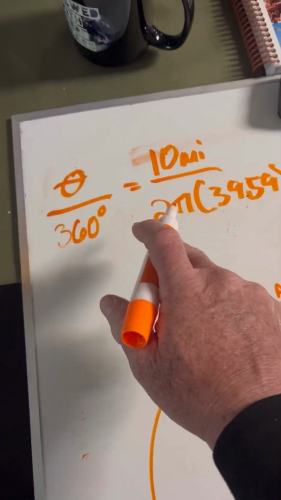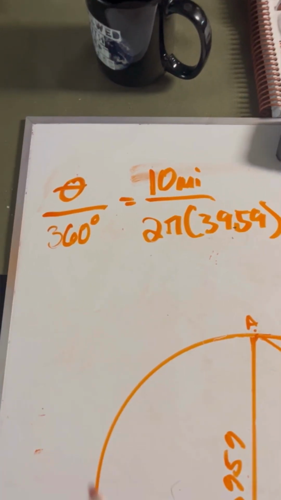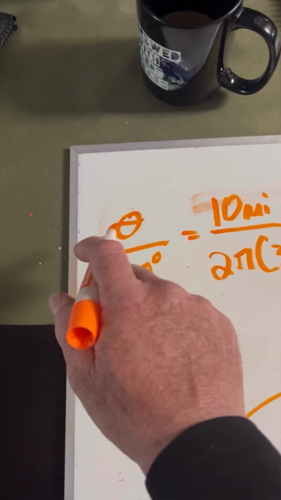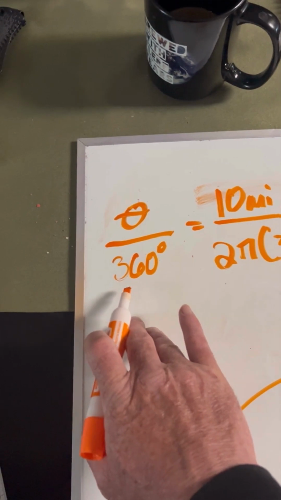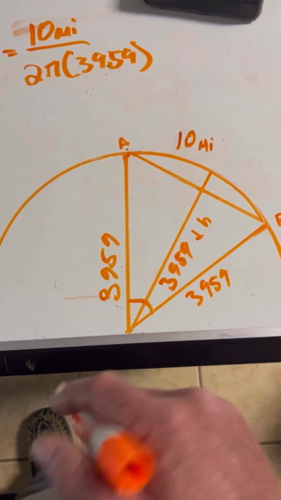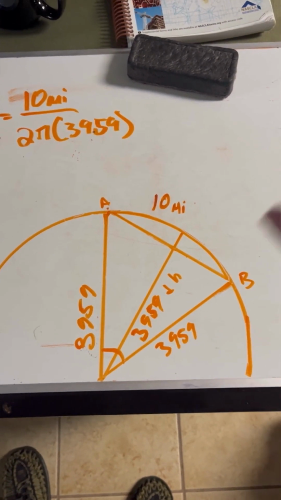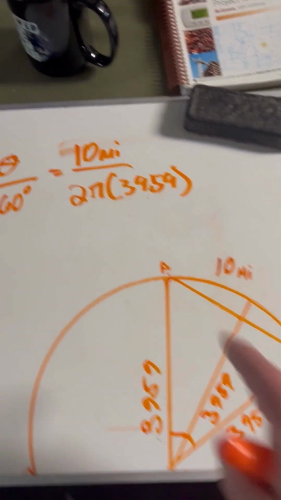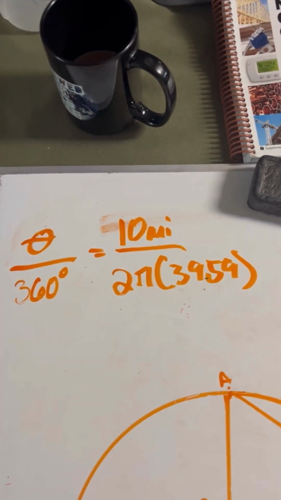And that's going to have a direct relationship and be proportional to our angle that we're trying to find out of the entire 360 degrees, because this angle is going to be given to us in degrees. You could do this in radians as well, but most people think in terms of degrees. So let's solve this and get our angle.